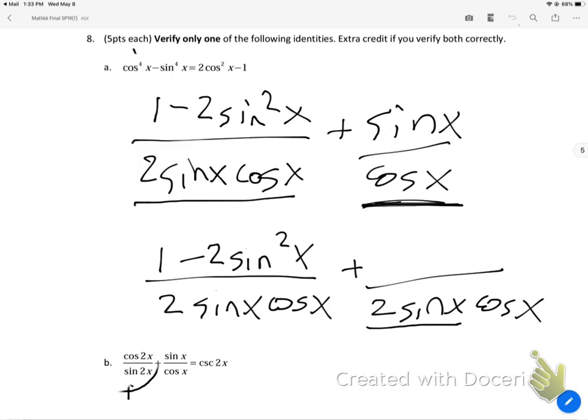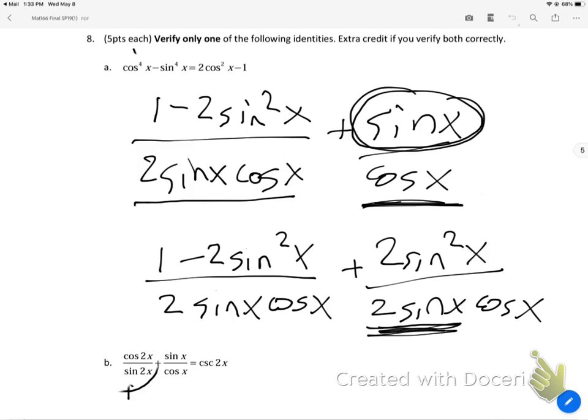If I put 2 sine x with the sine x on the numerator there already, I'll end up with 2 sine squared x, because it's the sine x with an extra 2 sine x on the top.